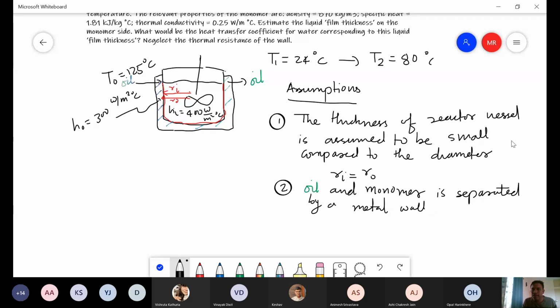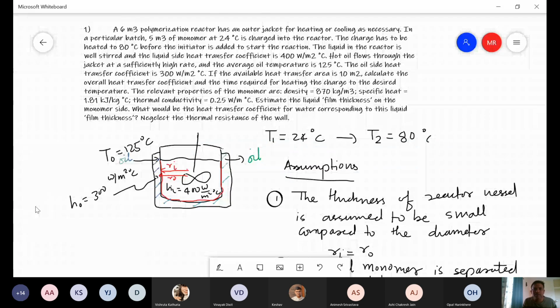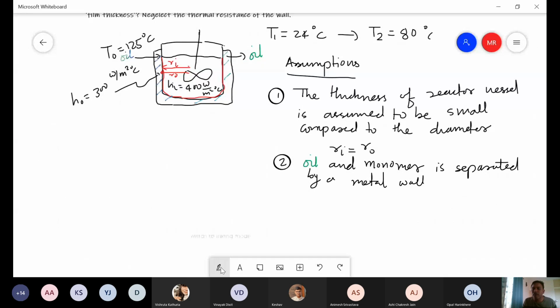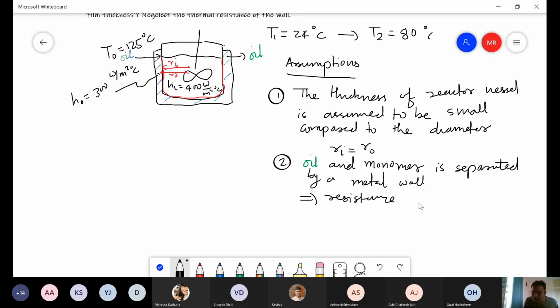So clearly what it means is the resistance offered by the metal wall we can neglect safely, isn't it? So the resistance offered by the metal wall can be neglected.